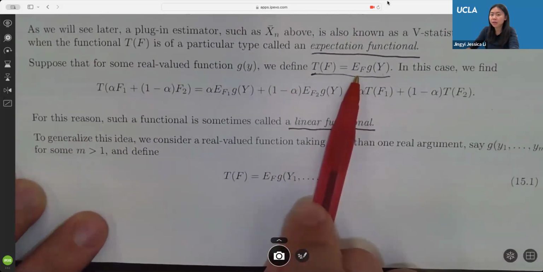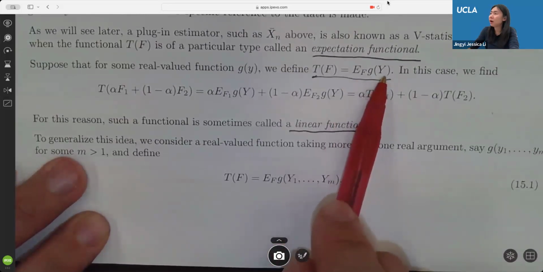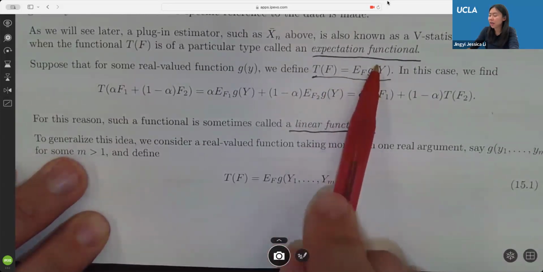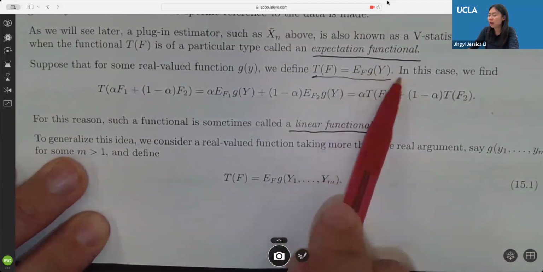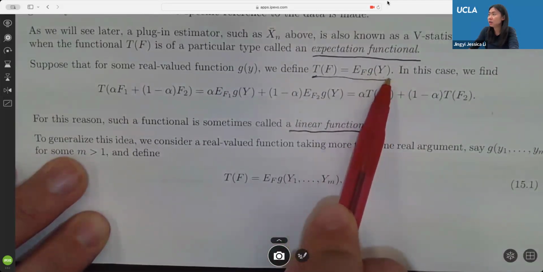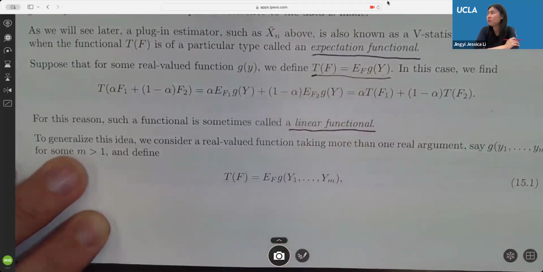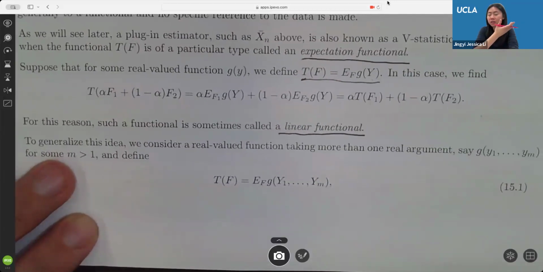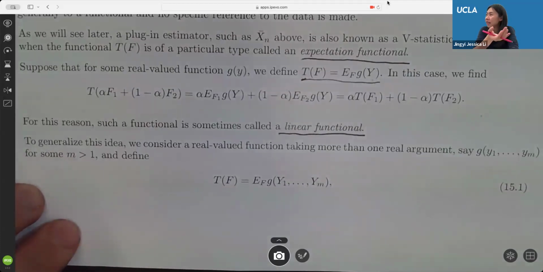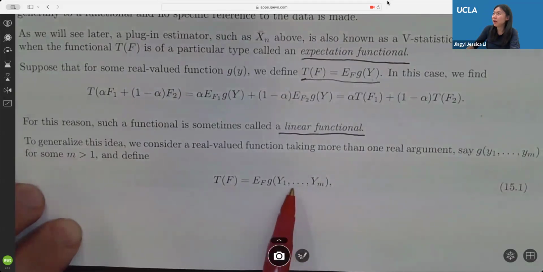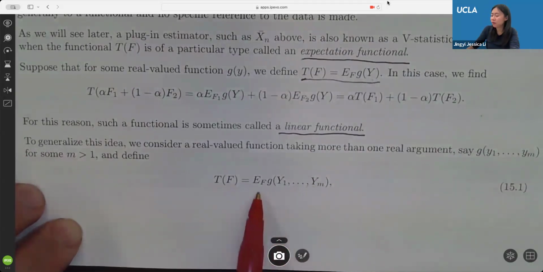If you just want to define the mean of F, then you just need one copy of Y, just the expectation of g(Y). If you set g to be the identity function, then the expectation of Y is just the definition of a mean. Depending on the order of your parameter, like the mean is called first order, the variance is called second order, you need a corresponding number of IID copies of random variables from F to define the expectation functional.